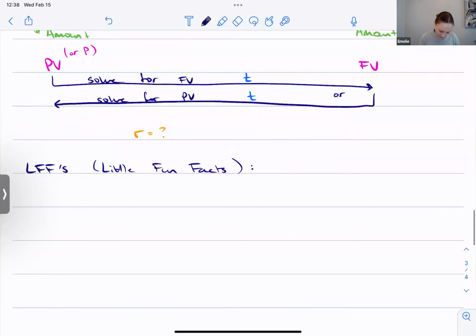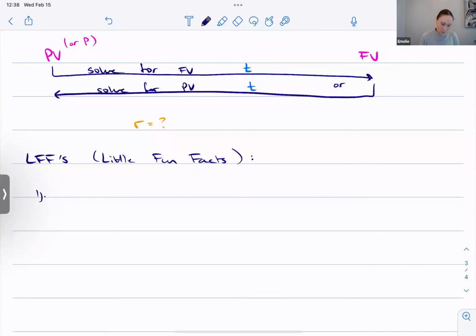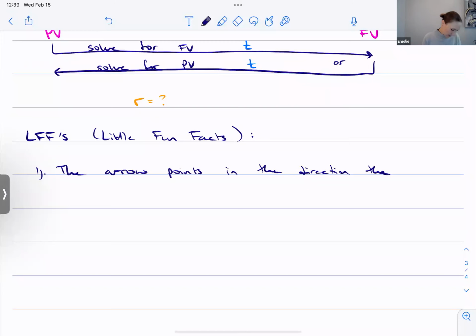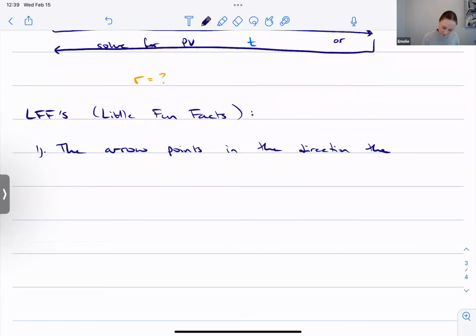I'll have more little fun facts, but fact number 1 is that we draw the arrow in the direction that we're moving the money. So the arrow points in the direction the money is moving.